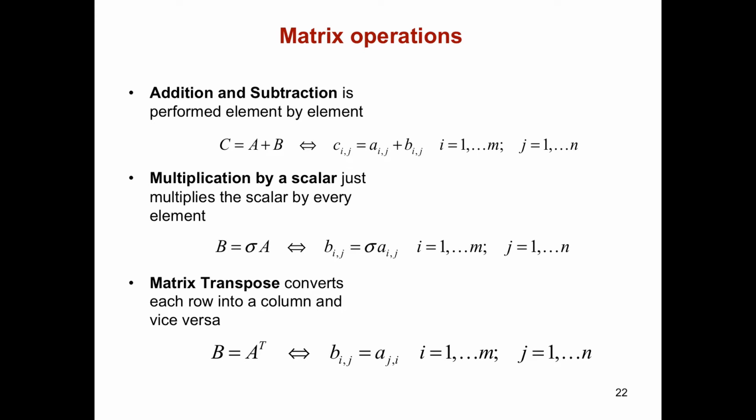If I had two matrices, I go element by element and add corresponding elements and get a result that is a matrix of the same size. Multiplication by a scalar works the same: I multiply every element by the scalar. And I will also have a transpose, where what used to be a column of a matrix becomes a row, and the other way around.